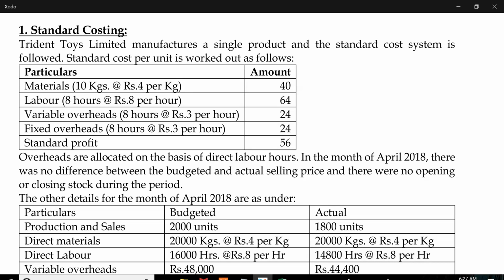Rupees 8 per kg of raw material, or rupees 10 per labor hour, in bracket again 80 divided by 8 hours.